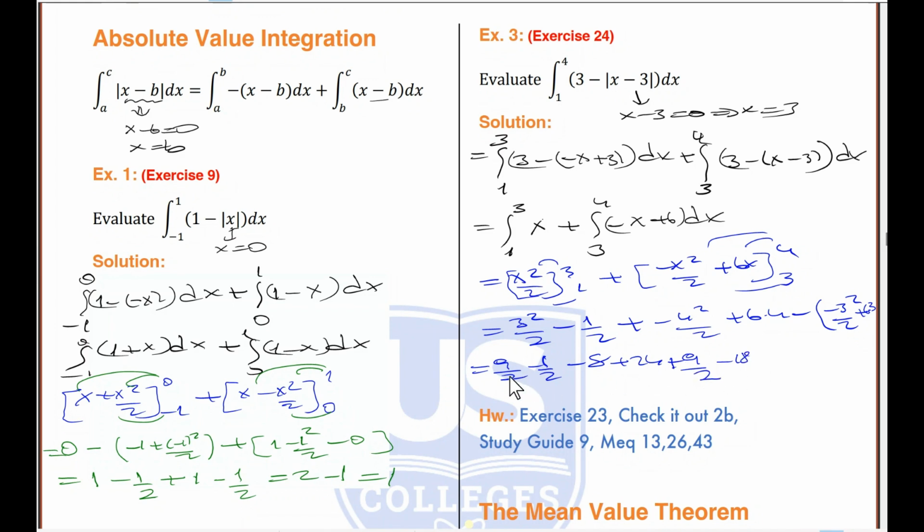Let's simplify this. 9 over 2 minus 1 over 2 makes 4. Negative 8, negative 18, negative 26. Plus 24, negative 2. So I have 7 minus 1 over 2, which is, when I equalize denominators, 13 over 2 is the answer to this integration.